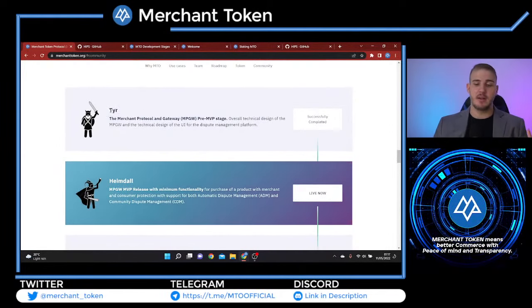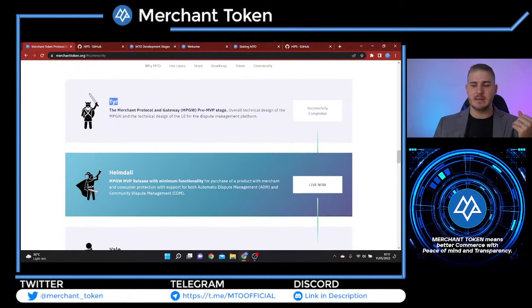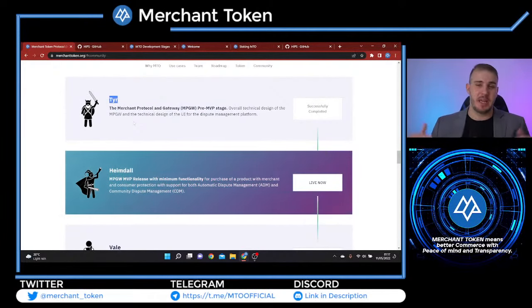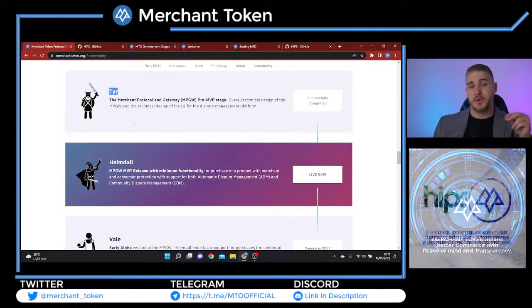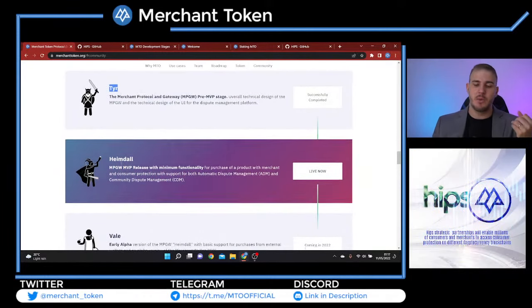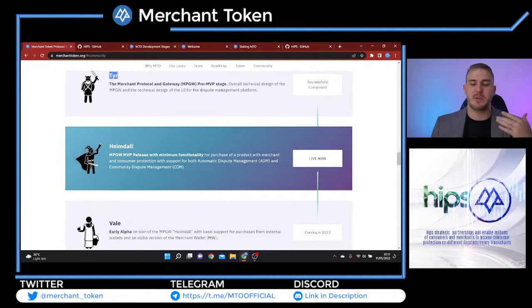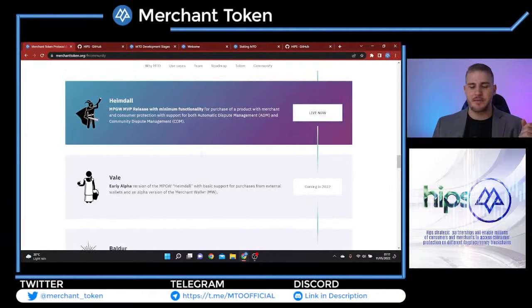We have the tier stage, which was basically the pre-MVP stage. We are currently on the Unveil, which is basically the MVP release with minimum functionalities. You can actually go and check it and test it for yourself.